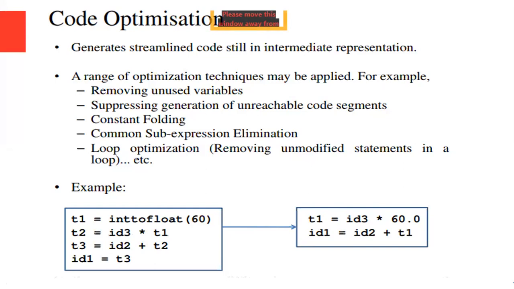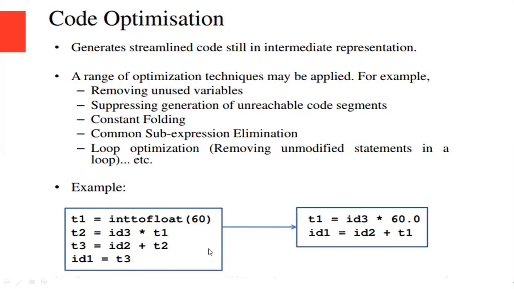Why? Because in id1 we are placing t3, so id1 is equal to t3. The entire t3 value can be assigned to id1. So simply we are writing id1 is equal to id2 plus t1. So what is t1? id3 into 60.0.